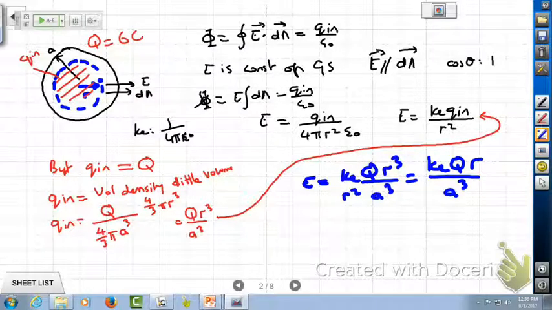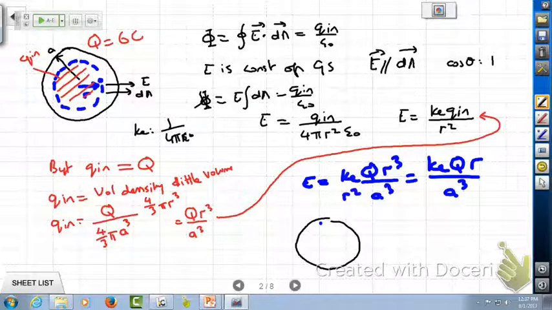Let's just see if I can figure that out from looking up here. What that's saying is that rather than being a ball of charge, I have a shell of charge. And I didn't color this in before because I wanted to make my diagram clear, but that's all charge.